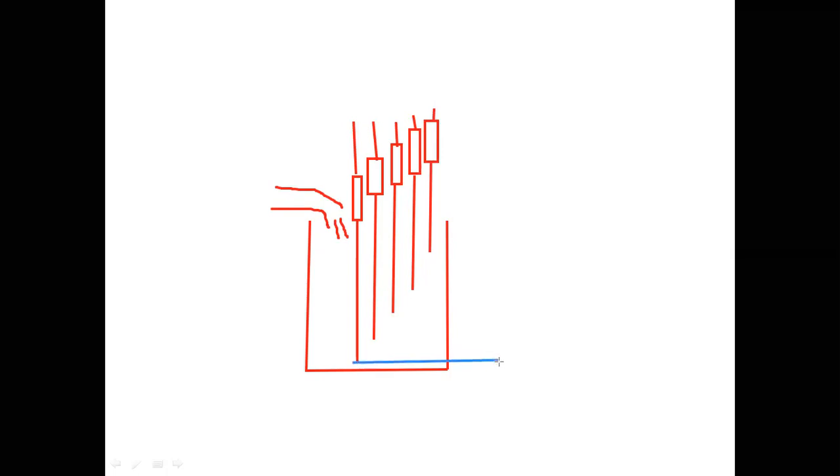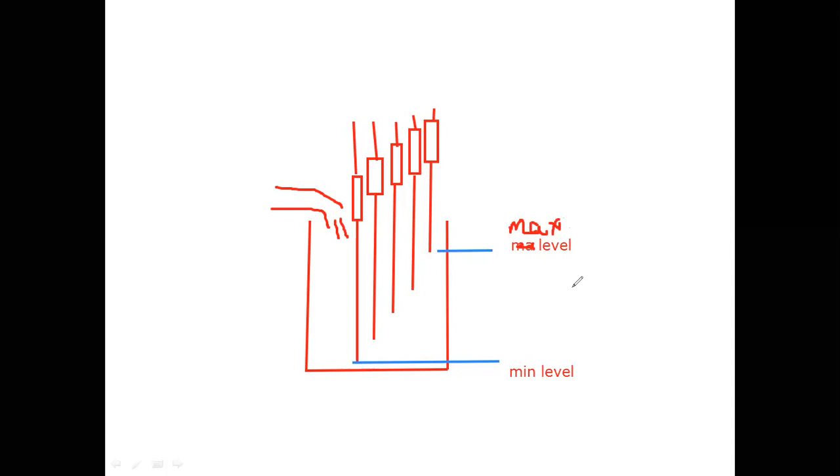This is the minimum level of a tank, and let us suppose this is the maximum level of a tank. Maximum level, MAX.